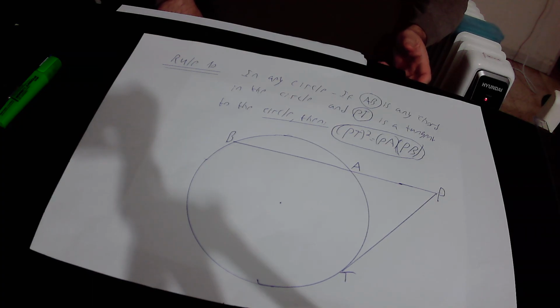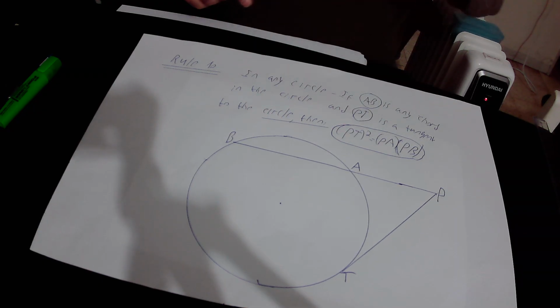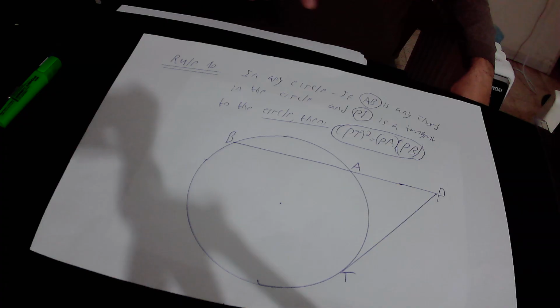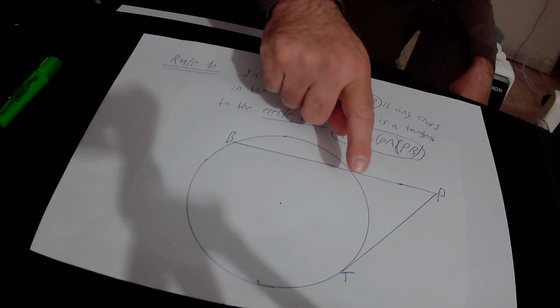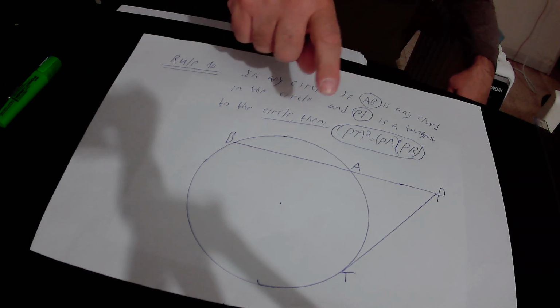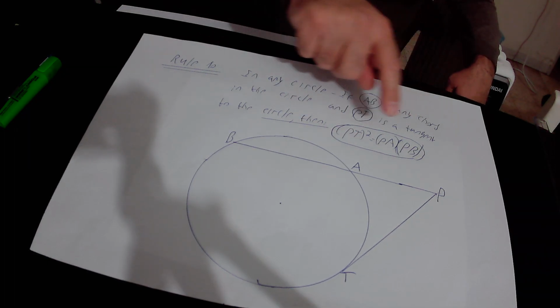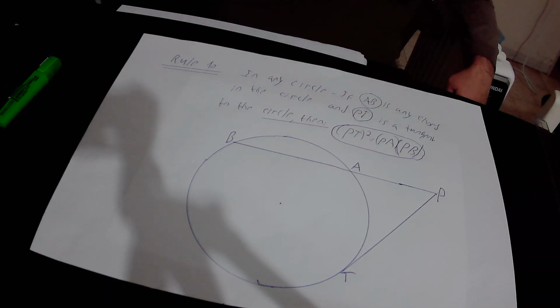So in any circle, if AB is any chord in the circle, and we also know that PT is tangent to the circle at point T, then the following equation is true: PT square equals PA times PB. Again, PT square equals PA times PB.